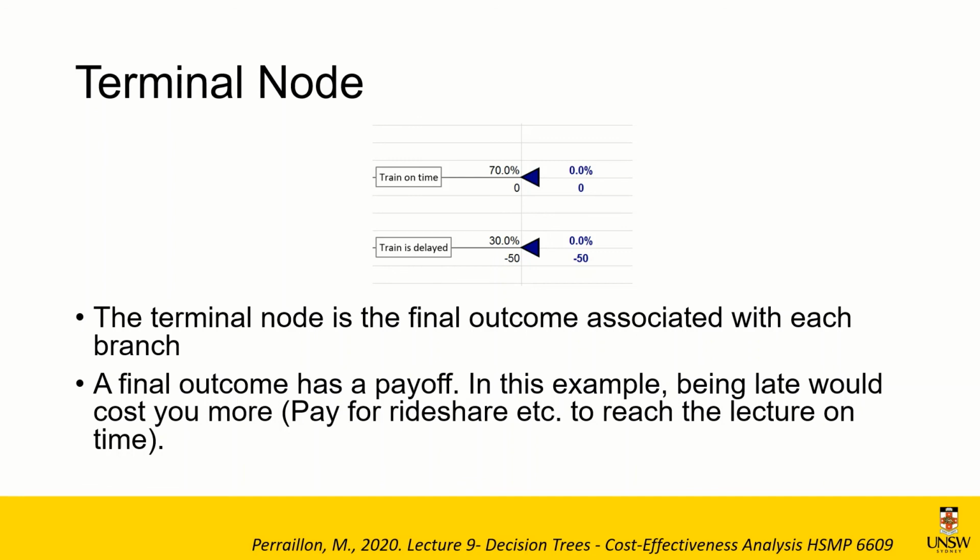But if, let's say, the train is delayed and you need to pay for a ride share service to be on time to the lecture, then you may have to spend, let's say, $50, right? So there would be a negative payoff or an expense. Likewise, usually the terminal nodes or the end nodes are associated with a payoff, right?